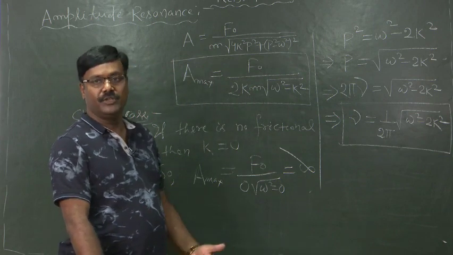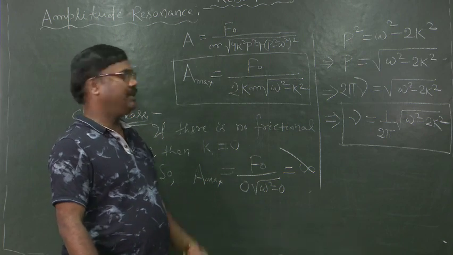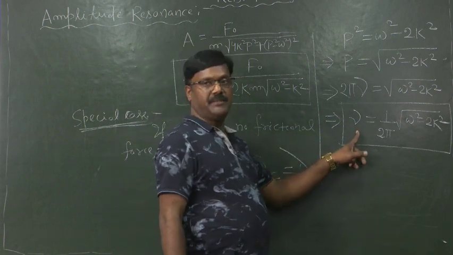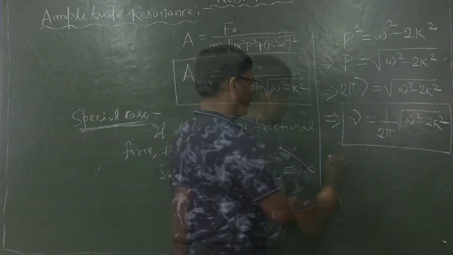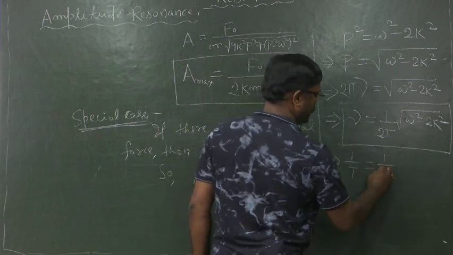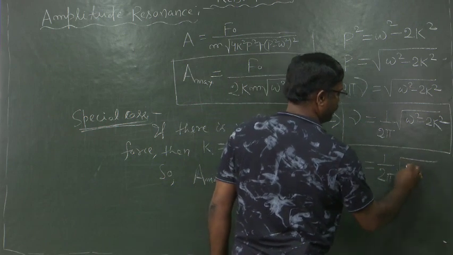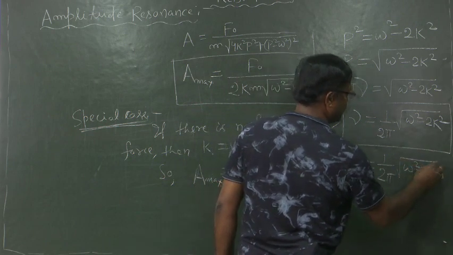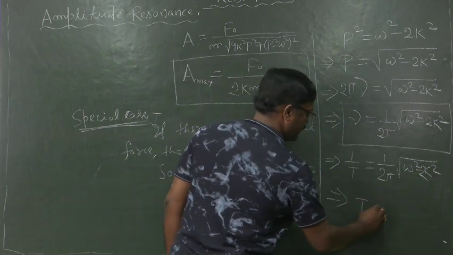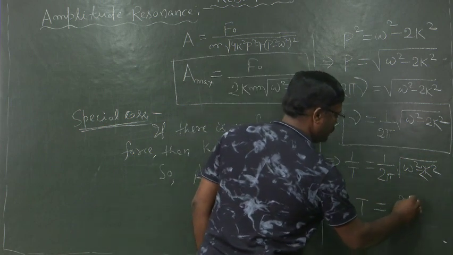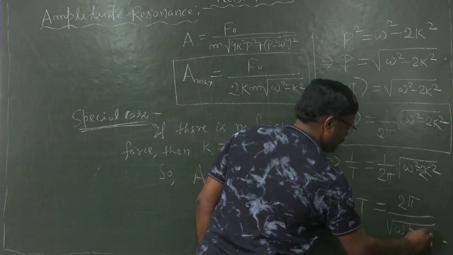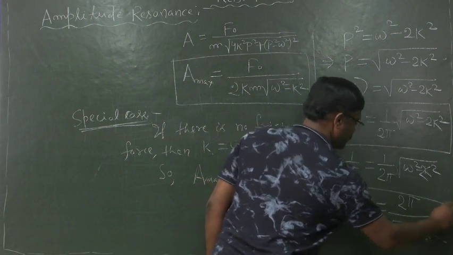Now, we know the time period is the reciprocal of frequency. So, in terms of time period, this expression can be written as 1 by T is equal to 1 by 2 pi root over of omega square minus 2 k square, which implies T is equal to 2 pi divided by root over of omega square minus 2 k square.